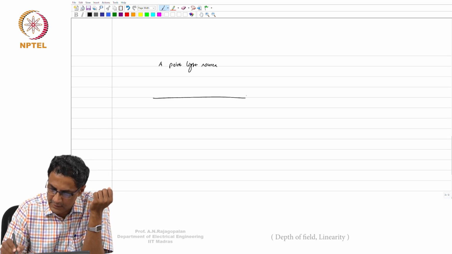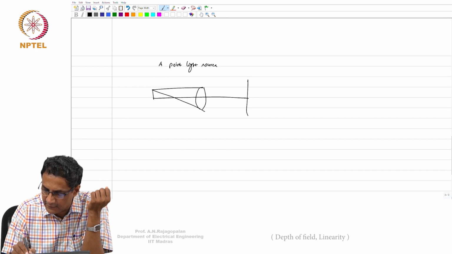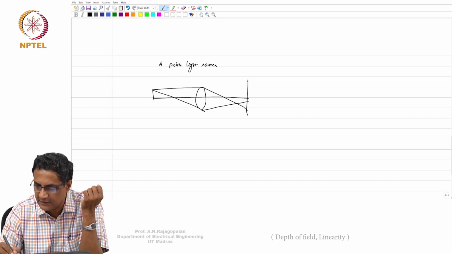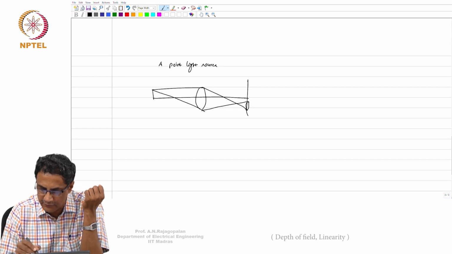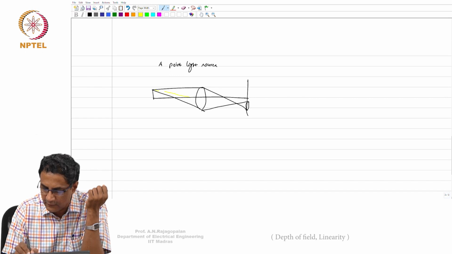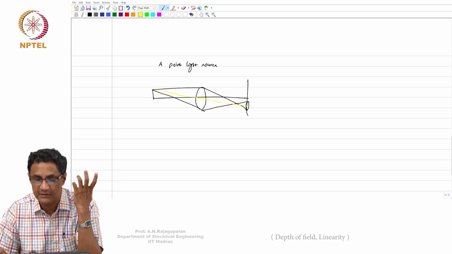We go back here. I have a lens, I have an image plane, and let's say this point light source blurs, and what I see is this kind of a blur circle. And of course, you have a central ray that is still sitting there, about which this whole thing is getting formed.